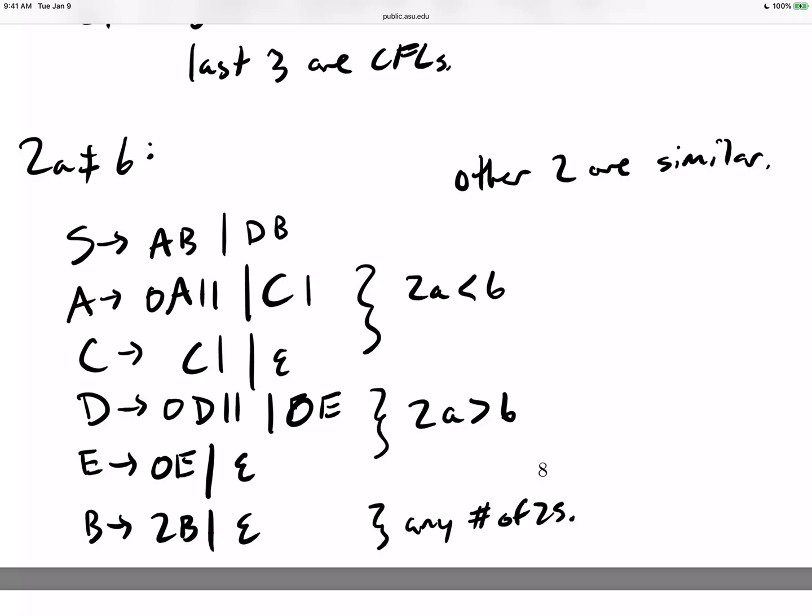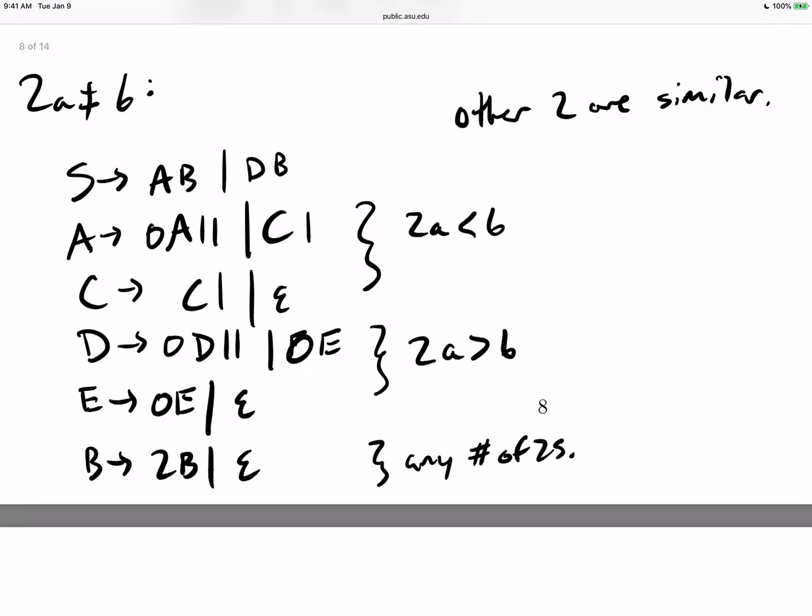And then at some point, I'm going to transfer over to this variable c, which handles spitting out more 1s as the case may be. I may need more 1s, but at least one more I need. Well, in the other case, I match a 0 with two 1s some number of times, and then at some other point, I'm going to have an extra 0 somewhere.